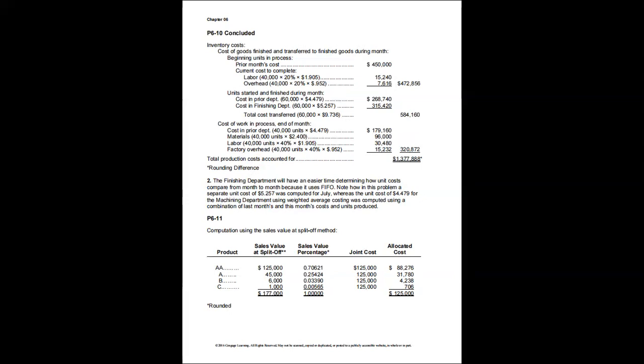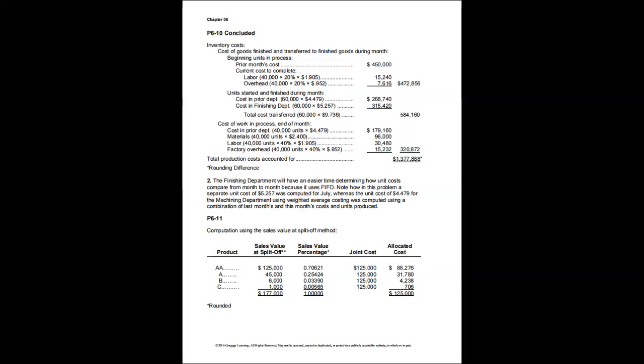Now we have 6-10. And finally in 6-11 and 6-12, we have the joint cost allocation.